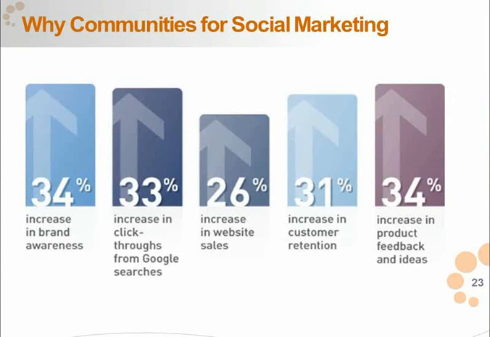So we show these numbers of 34% increase in brand awareness, 33% increase in click-throughs from Google searches. The more websites pointing to your site, the higher your ranking in Google, the higher the traffic to your site, and the more traffic to your site brings an increase in website sales. The other benefits that come out of this are an increase in customer retention, and an increase in customer feedback and ideas.